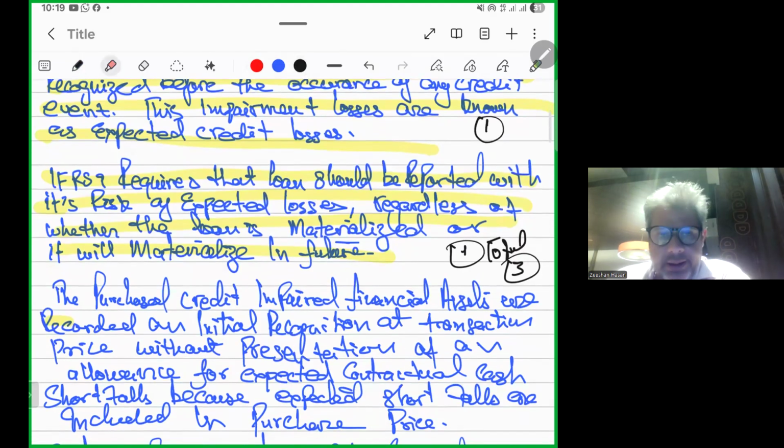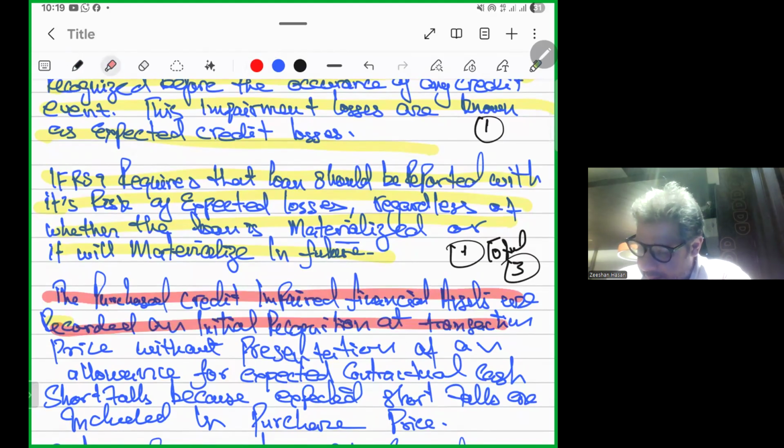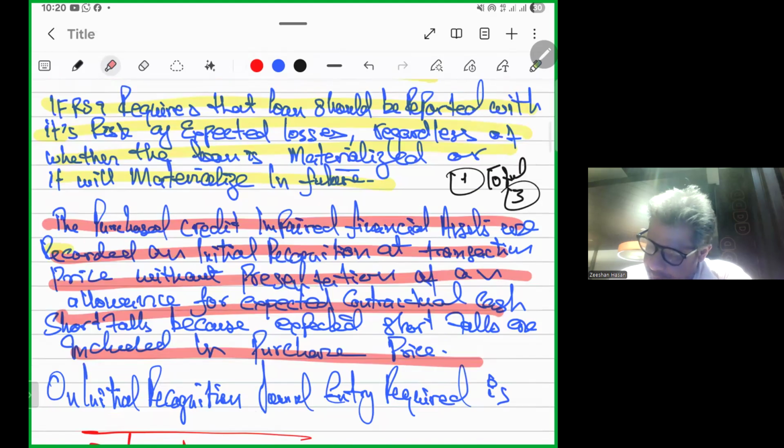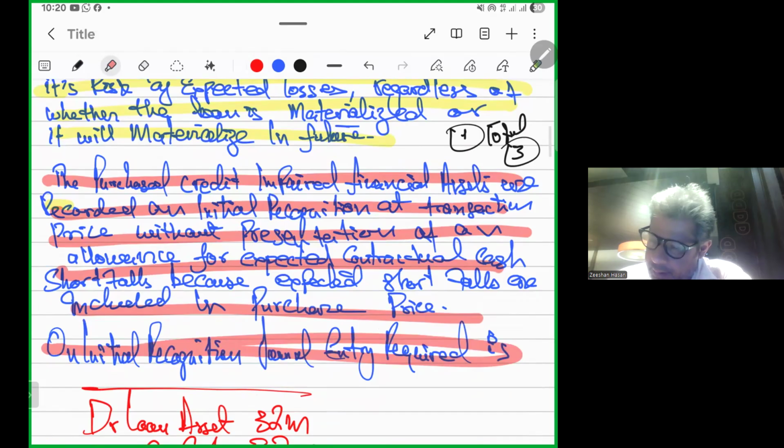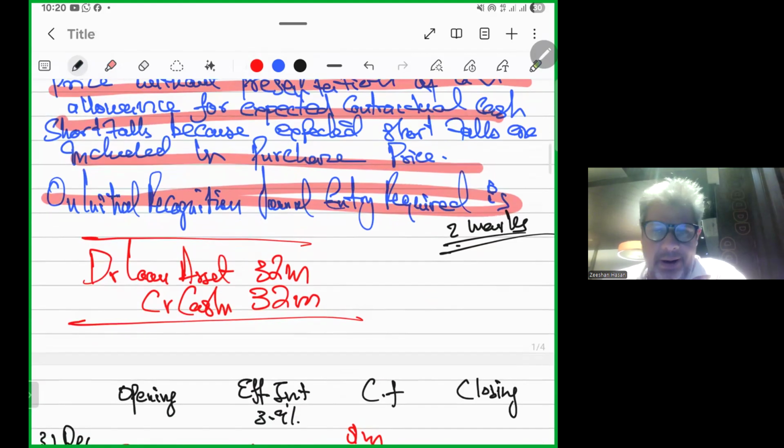Then for the initial recognition, these areas, we got 2 marks, including the double entry.